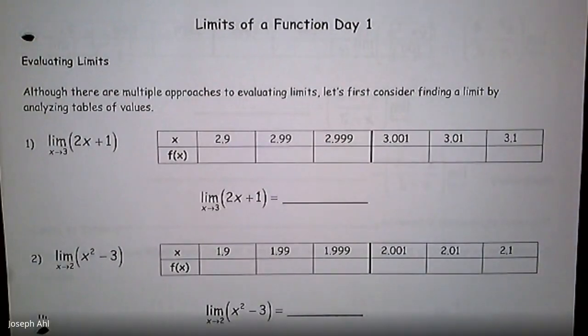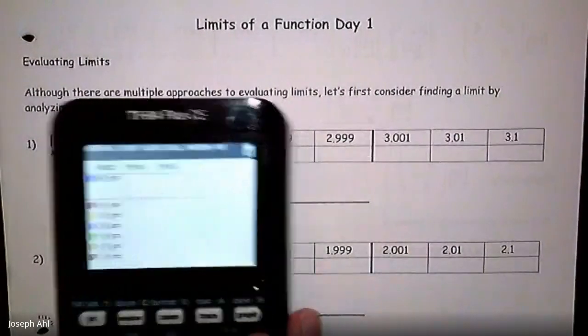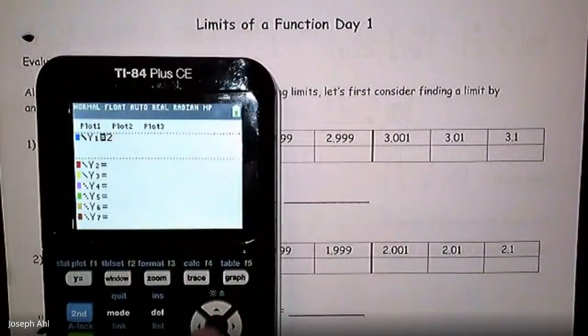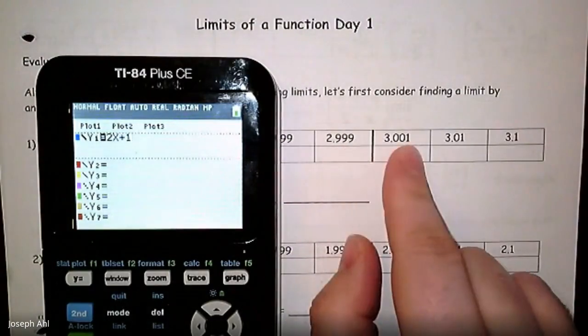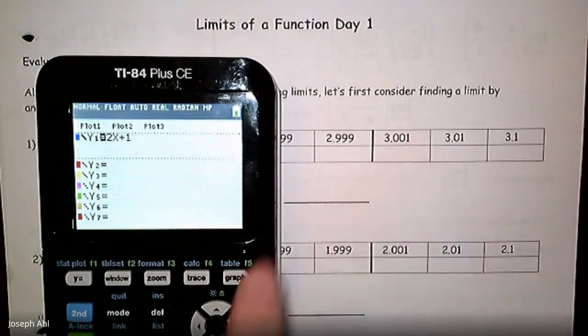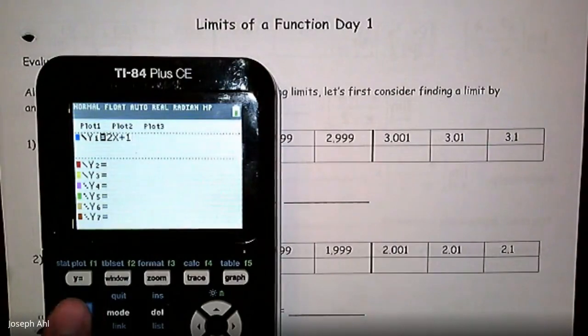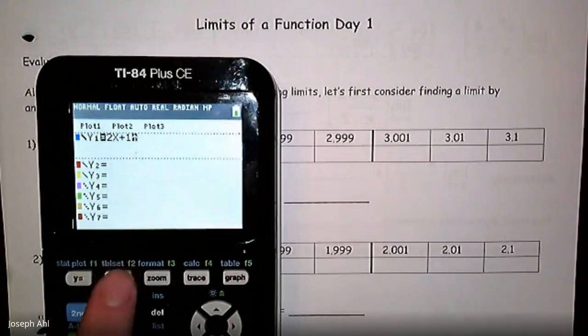Just as a quick setup on the calculator, I need you to clear out anything you might have in y equals right now. Okay, so go to y equals, and type in the function 2x plus 1 to get started. The important thing is, our table wouldn't have 2.99 as a value. It wouldn't have 3.001. So I want you to go into your table setup, which is second window.